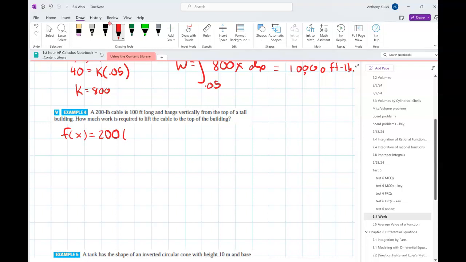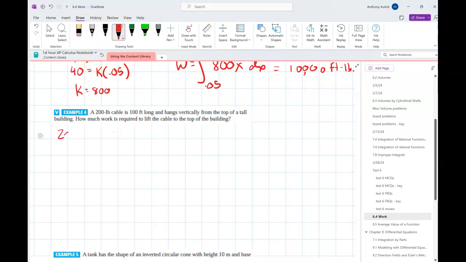Let me think here for a second. So how long is it? It's 100 long, right? Let's think about it this way. What I really want, that's a better way of thinking about it. Okay. Let's do that first.